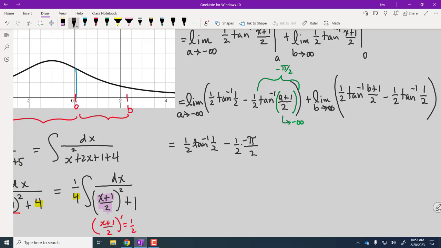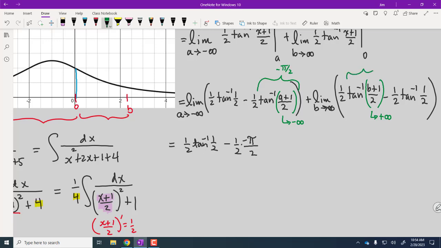And now let's analyze the other one. So over here, same idea. As b goes to infinity, the inside of this is going to go towards positive infinity. So then we look at our graph and we say, okay, as the inside of arctan goes towards positive infinity, the function values go to pi over 2.